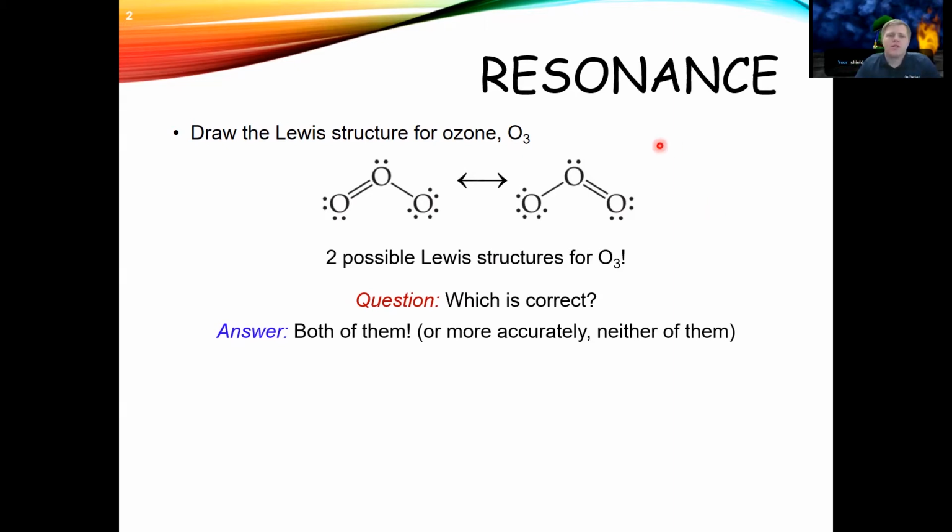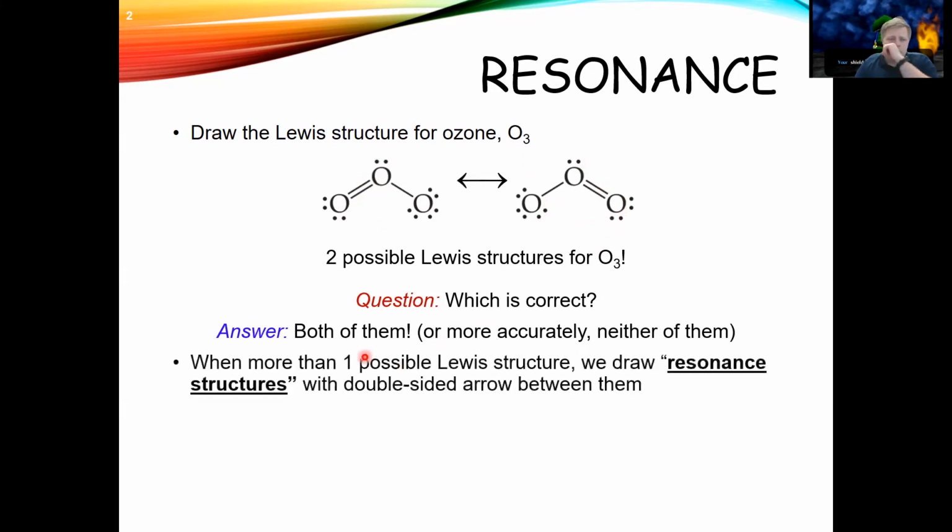What's really going on here is we're going to have some amount of both of these. So when you have more than one possible Lewis structure, we draw resonance structures. So up here I have two possible resonance structures, and we put this double-sided arrow in between them. Now normally this double-sided arrow in chemistry means that we're going back and forth between these two.